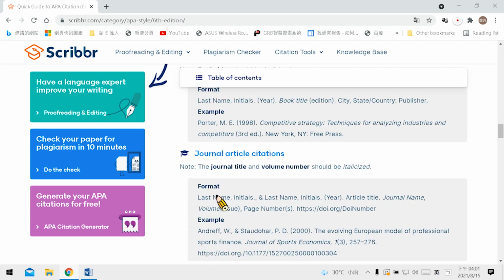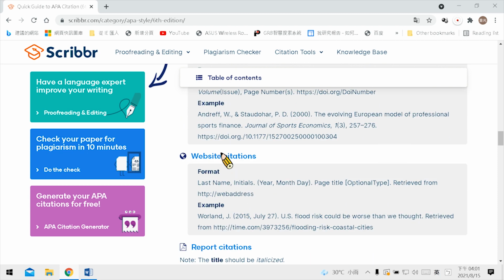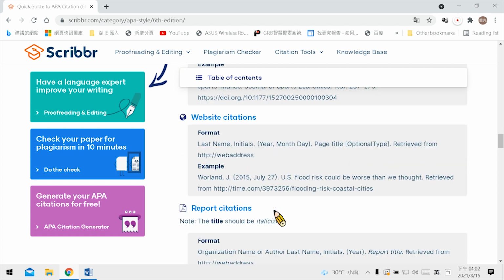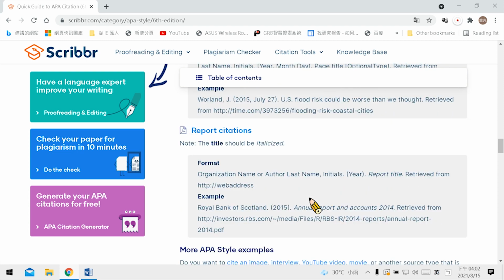Okay, and for the journal article and the website, because maybe you download from the internet, you need to put the HTTP web page in here. Okay, there is also some report.